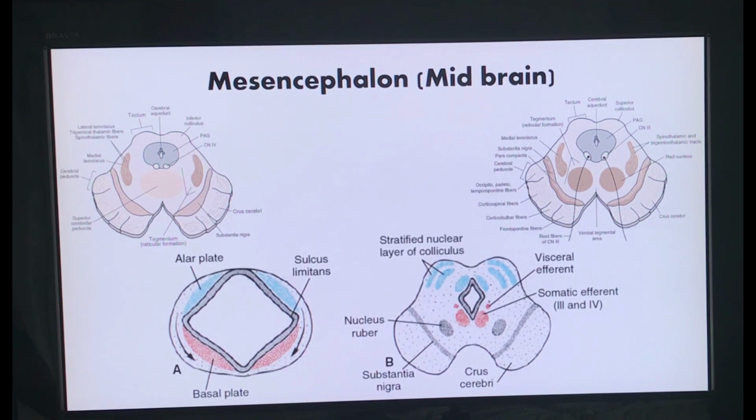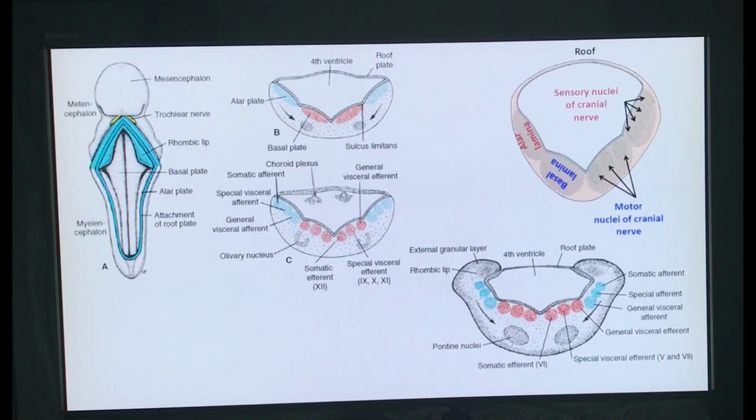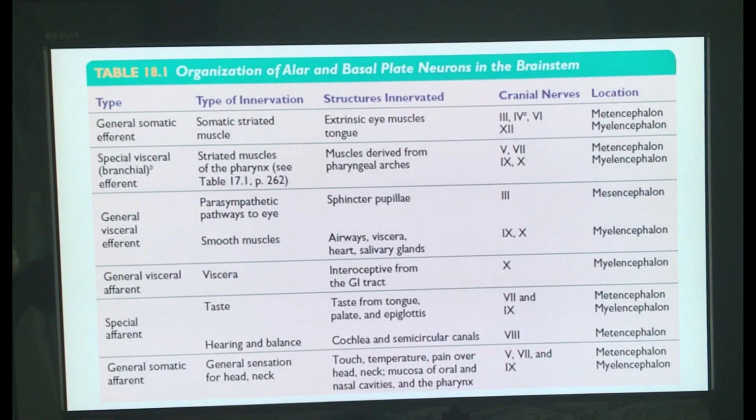But the basal plate of the developing midbrain has only two groups, the general somatic efferent and the general visceral efferent. So it doesn't have any neurons which come under special visceral efferent.